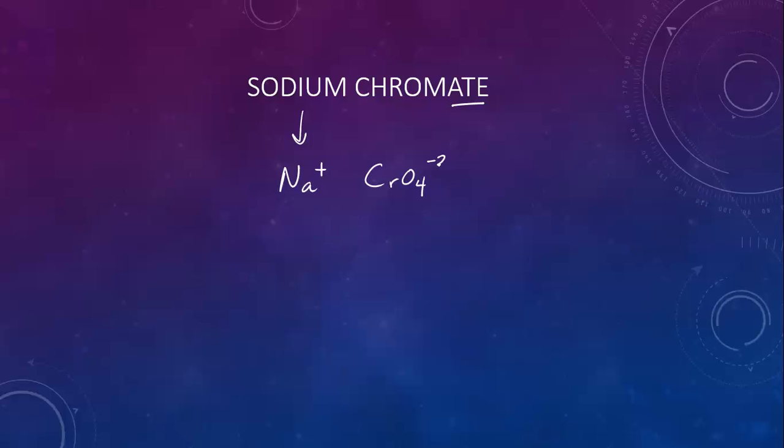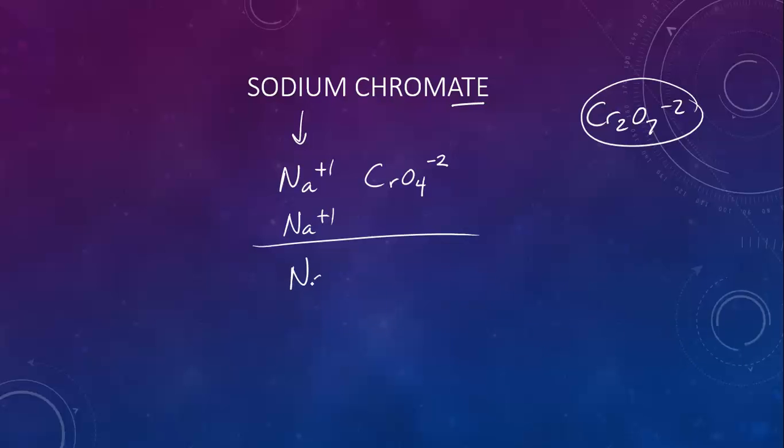Chromate is CrO4 -2. Dichromate is Cr2O7. It doesn't mean that there are 2 dichromates. It is a different polyatomic ion. Dichromate is Cr2O7.